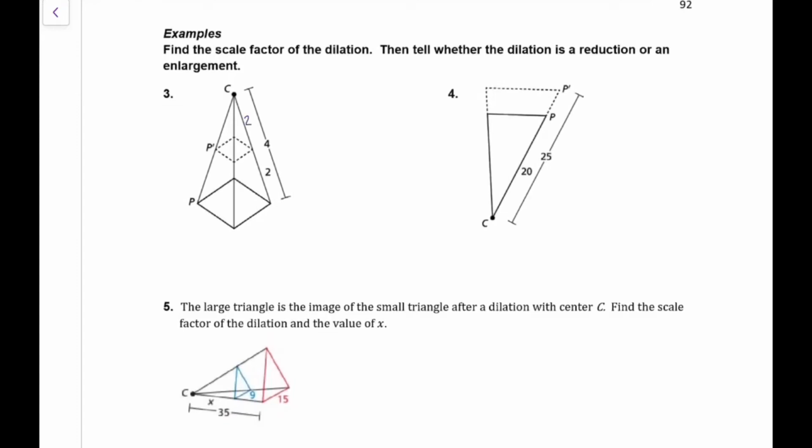Now, if I take this point C and I go all the way to the original P, that's that bottom square, altogether it's 4. But from the small square to the C is only 2. That number goes on top.